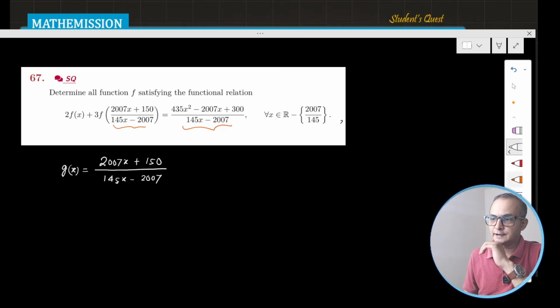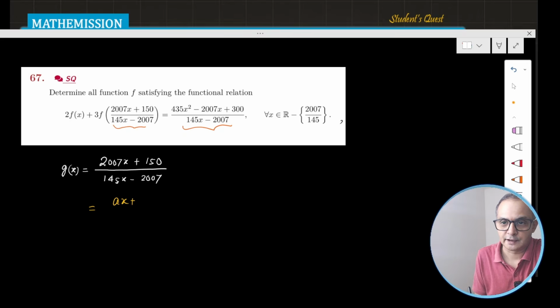We know that if I have any function of the nature (ax plus b) divided by (cx plus d), and if a plus d is equal to 0, then we can directly say that the function and its inverse are the same. So for this case, I can write g inverse x is equal to g(x).